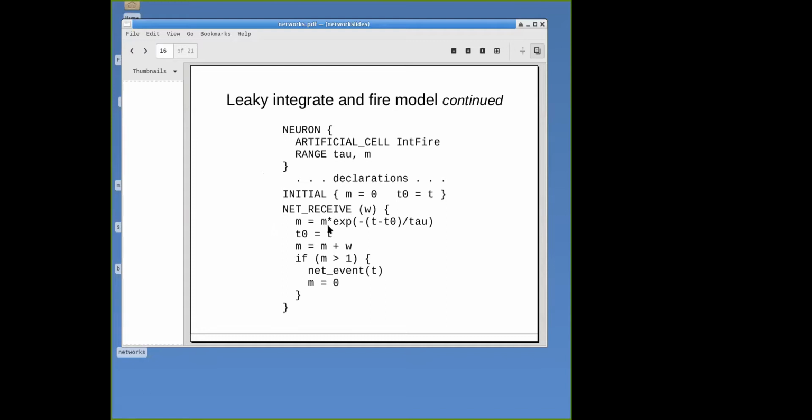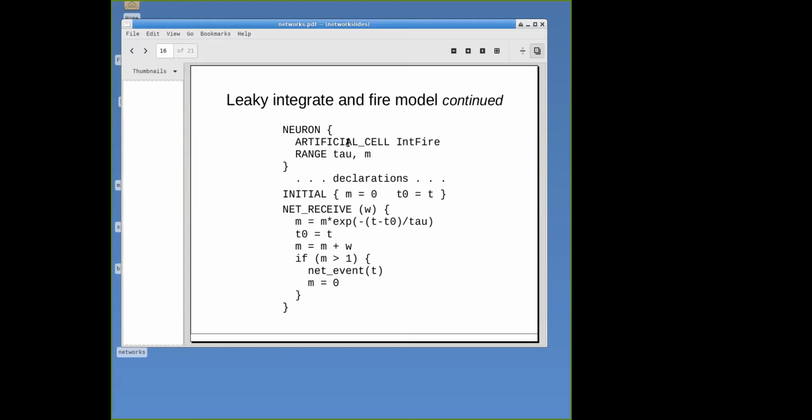So let's take a look at that. Here's our declaration in the NEURON block, ARTIFICIAL_CELL IntFire, which means it's a new cell class, and it's an artificial cell, which means it's not going to have membrane potential, it's not going to generate currents, it's not going to have segments, it's not going to have sections.